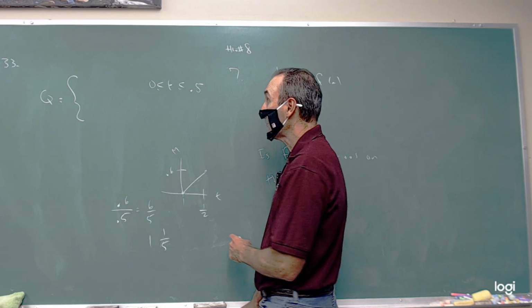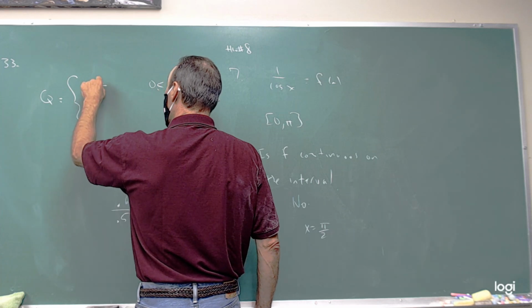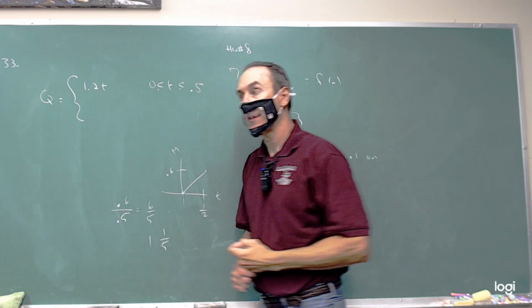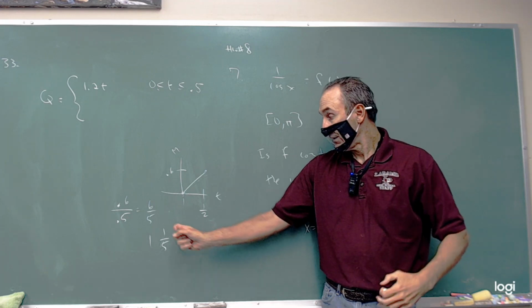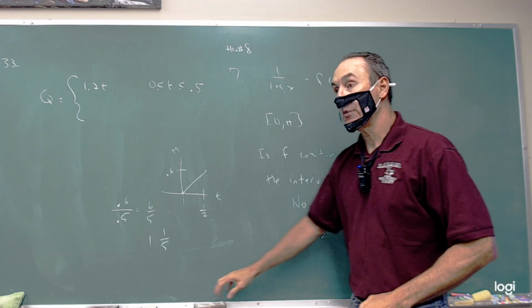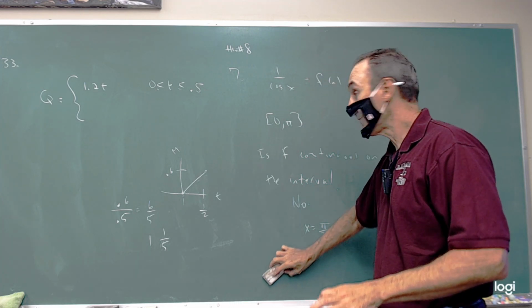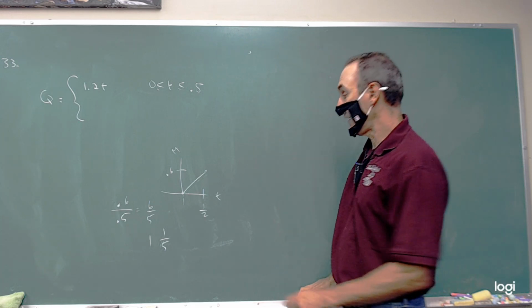So we could, if we want, call it 1.2t plus 0. You okay with that? That's just that straight line going from the origin up to a half second and then 0.6 milliliters. Now it's going to decay from that point on, exponentially.